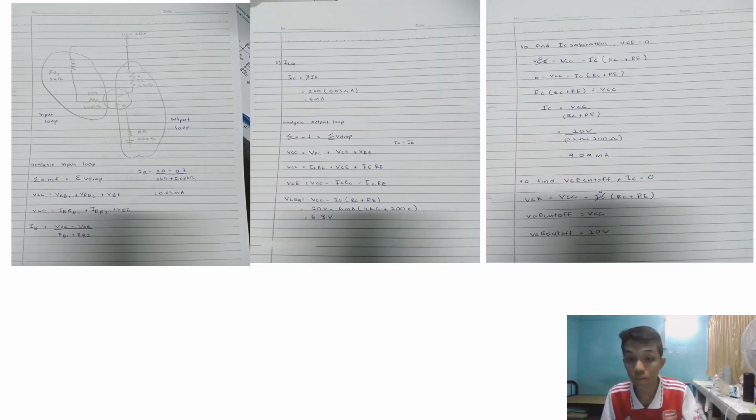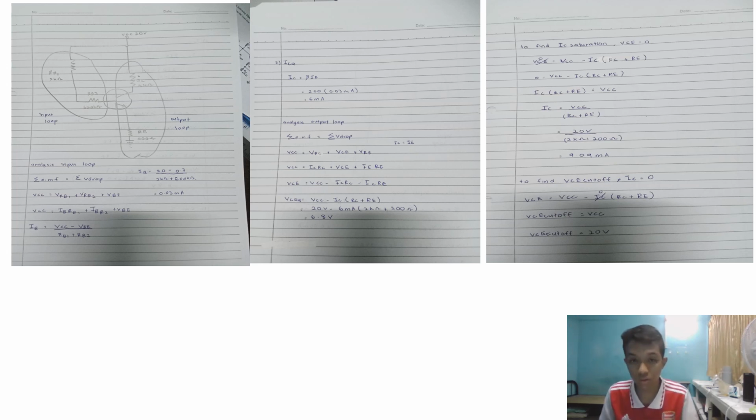Okay, so we move to the next question, which is a common emitter configuration shown in figure 1A, which I drew. The transistor BC107 used in this circuit is silicon type, where the value of VBE is 0.7 and beta is equal to 200.